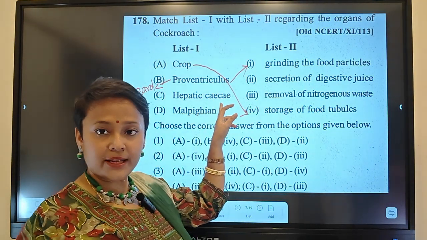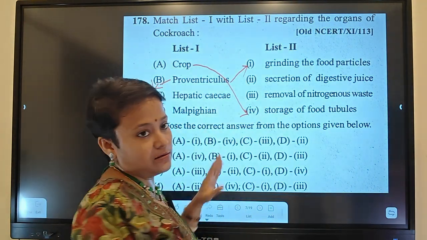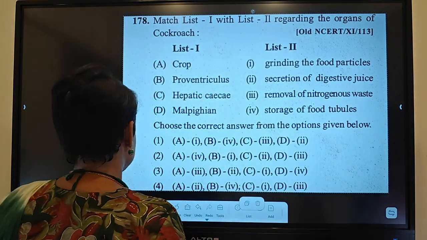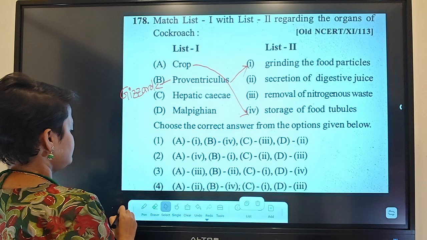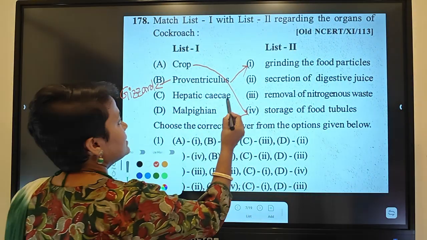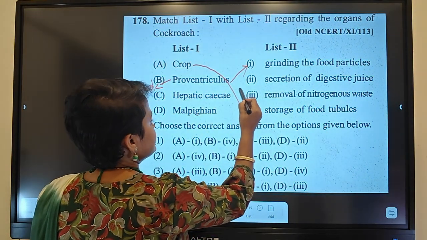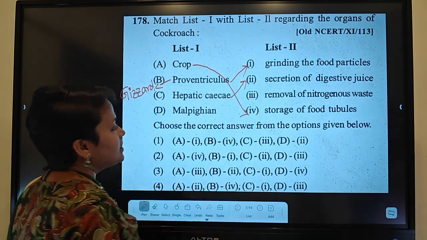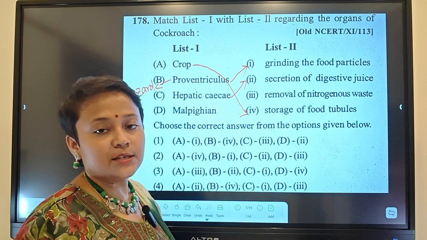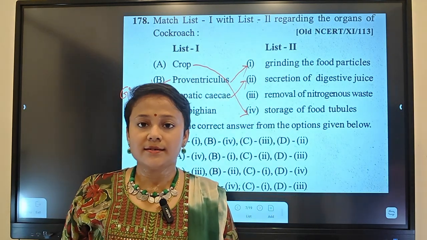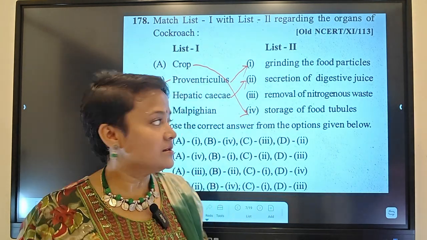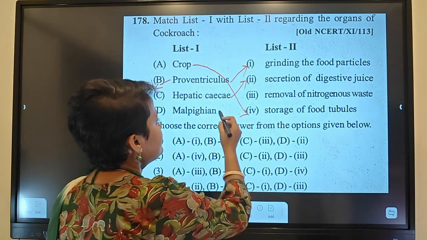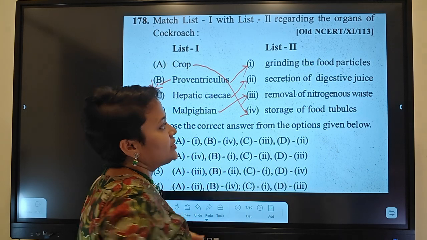These are called hepatic caecae, and they help to secrete digestive juice. Then Malpighian tubules. We know they are organs for excretion, present between midgut and hindgut, and they help in the removal of nitrogenous waste.